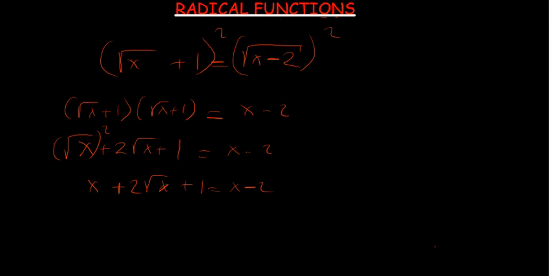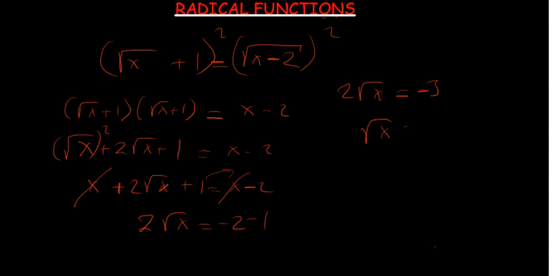So we can see that this x and this x, if they go to the same side, they are going to cancel out. So we're going to remain with 2 root x being equal to negative 2. We can take this one that side minus 1. So that is going to be 2 root x is equal to negative 3. We can divide by 2. That will give us root x is equal to negative 3 over 2.